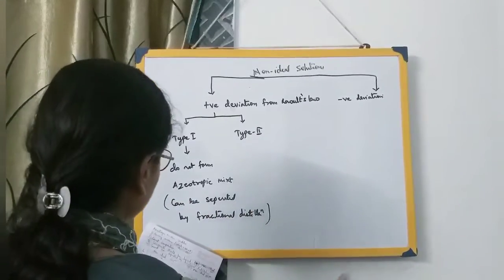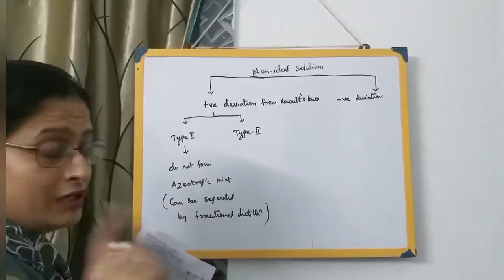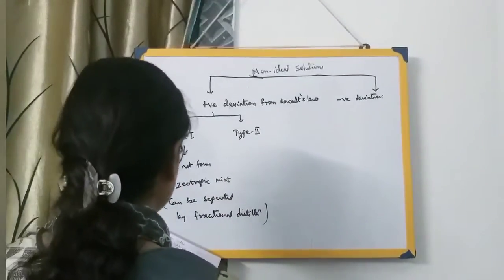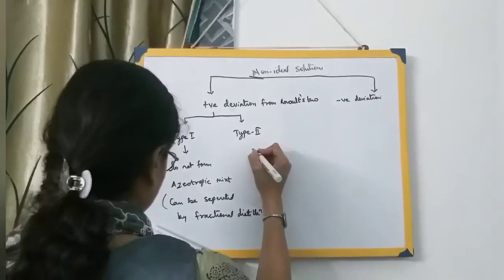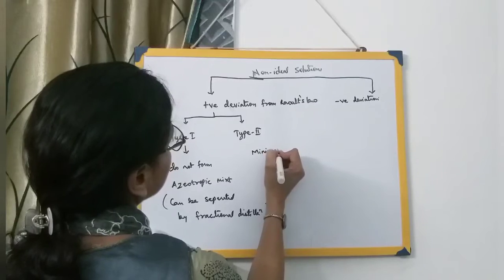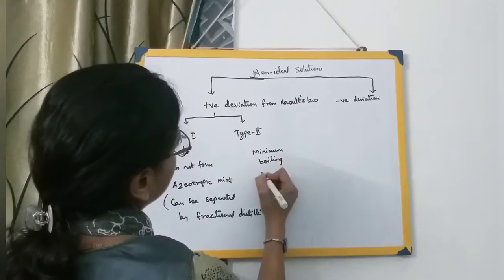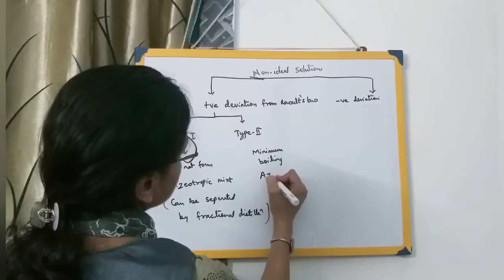The type 2 ones, at a constant intermediate composition, a particular composition, will form the minimum boiling azeotropic mixture. Minimum boiling azeotropic mixtures.